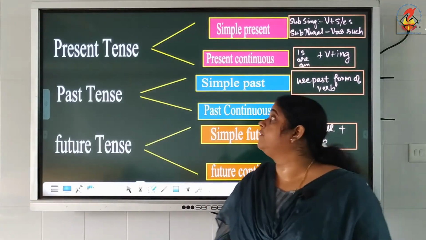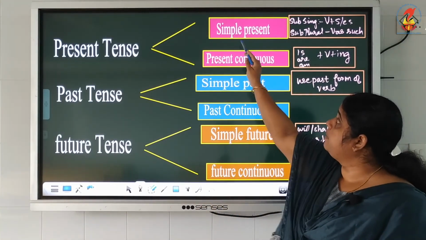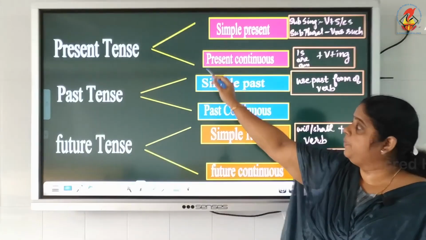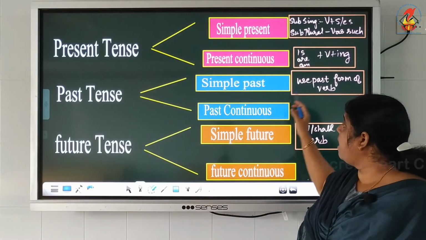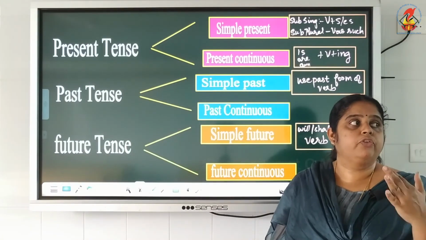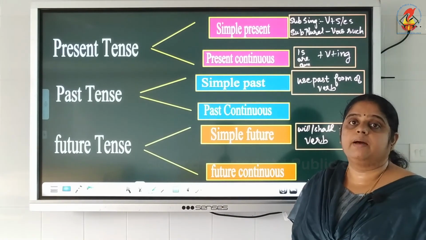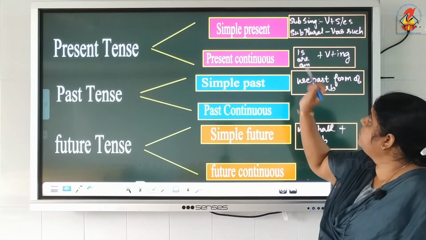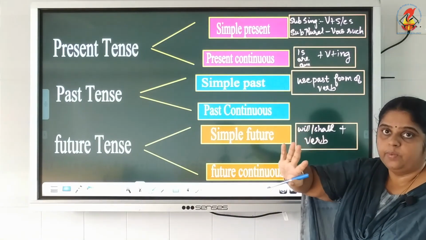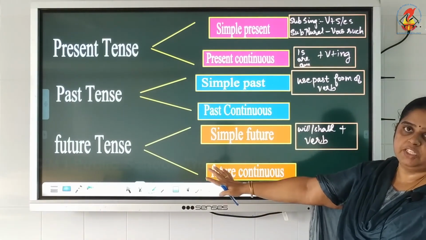So, first we have the simple present and present continuous tense. These two are there. Then we discuss simple past, then simple future tense. This much only for you this year. The rest will come next year. Actually, each tense is divided into four. Now, we are discussing only this much.